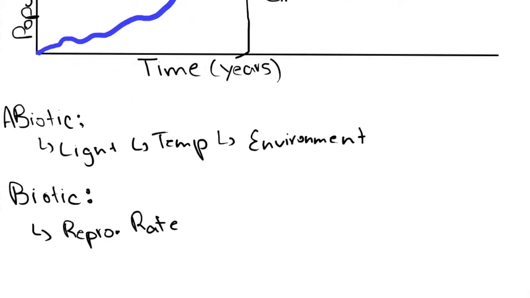Another biotic factor is the amount of resources, right? An environment with plenty of resources will better be able to sustain a larger population, as many resources mean many more organisms, and many organisms mean a more sustainable food chain. And that really leads to a high population food chain.